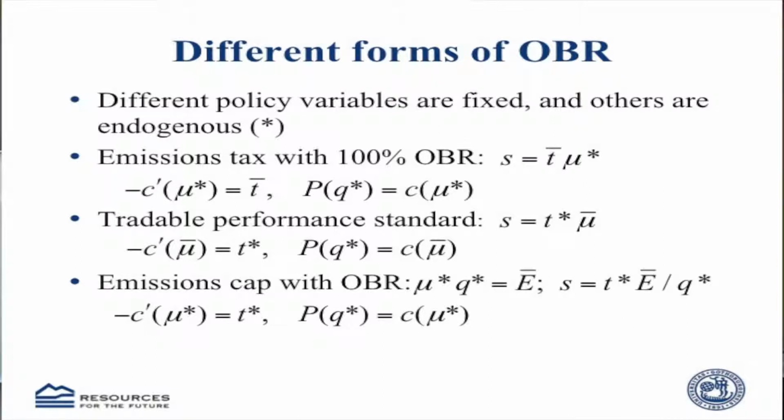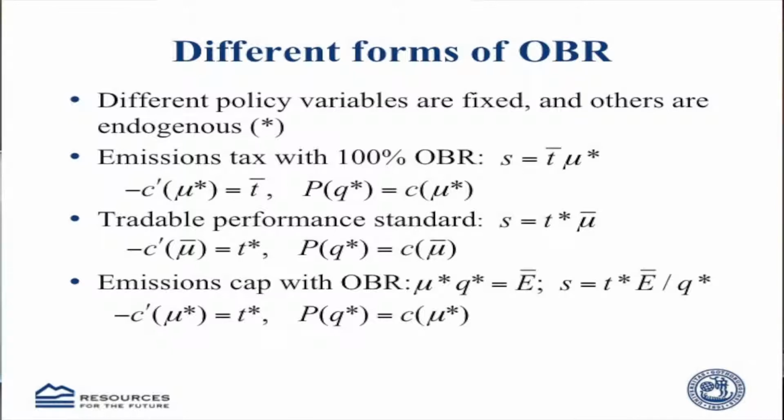Okay, so if we want to think about our different forms of rebating, suppose we have an emissions tax with 100% output-based rebating. The bar indicates which variable is fixed. So in this case, our tax is fixed.